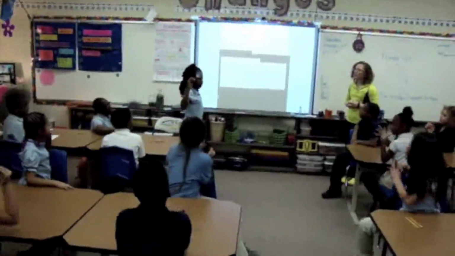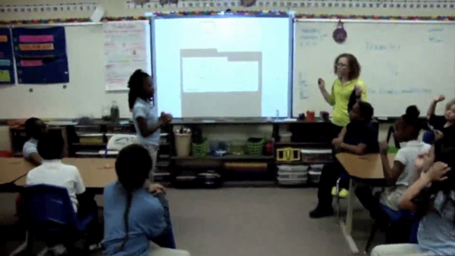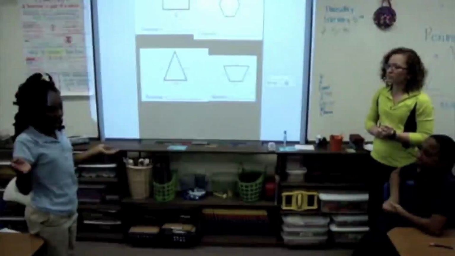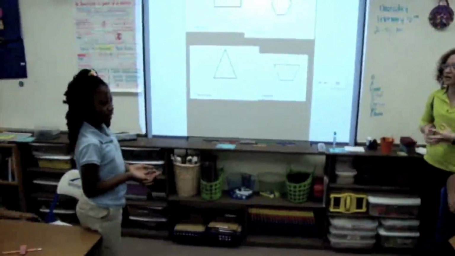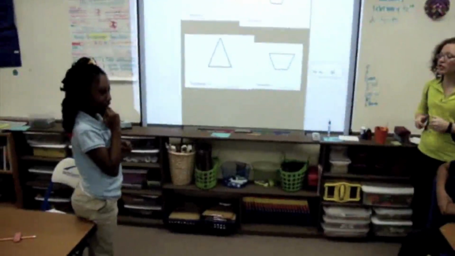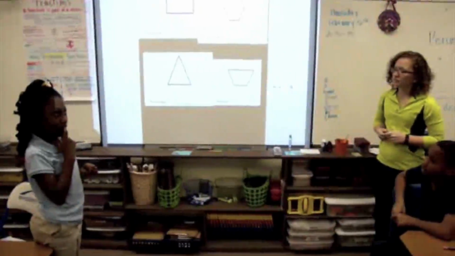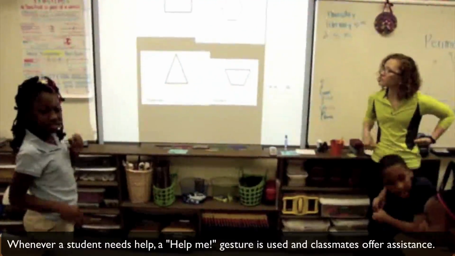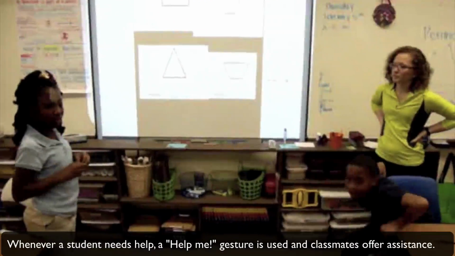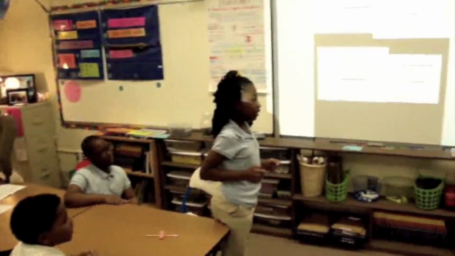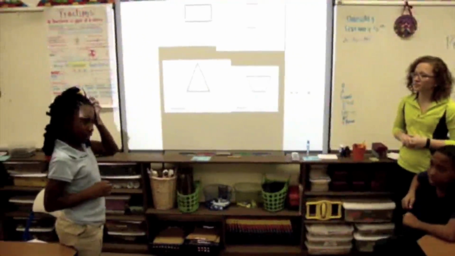I found the perimeter by counting up the sides. And the answer is 18 meters.